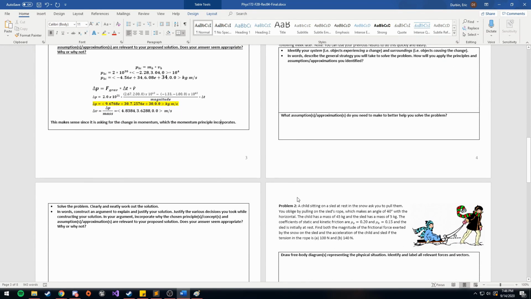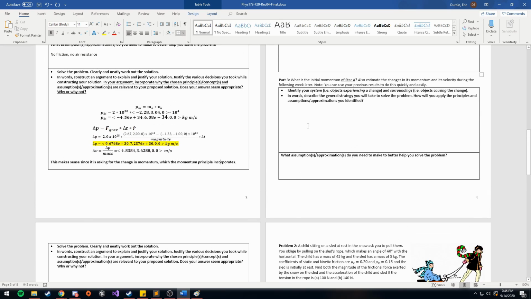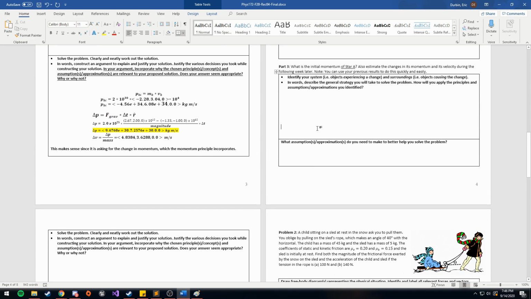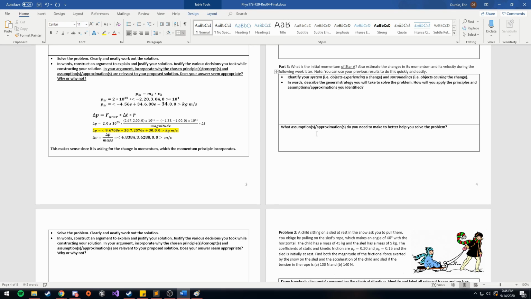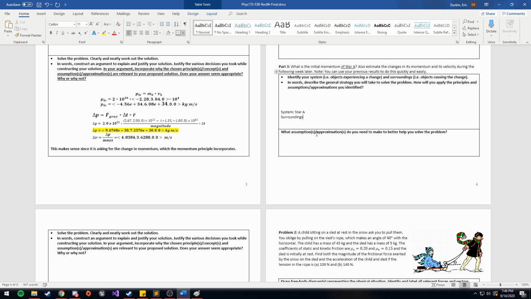Final one. If you're still writing, don't worry about it. The initial momentum of star A is going to be the only thing we need to calculate here.